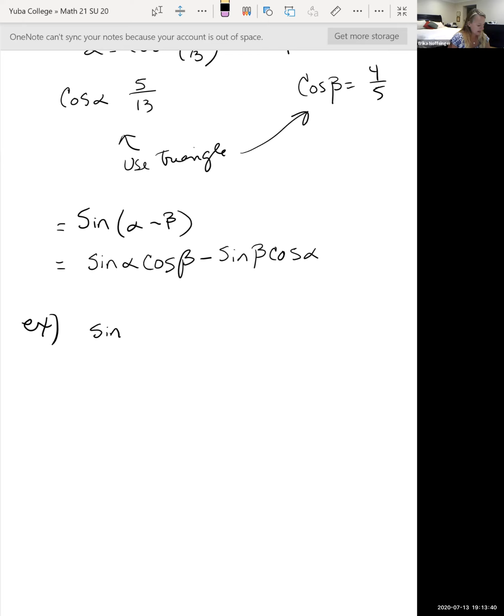What if you had sine of 2 theta is equal to root 2 cosine theta? Okay, so we want to solve the following equation, and we want to solve it where theta is between 0 and 2 pi.